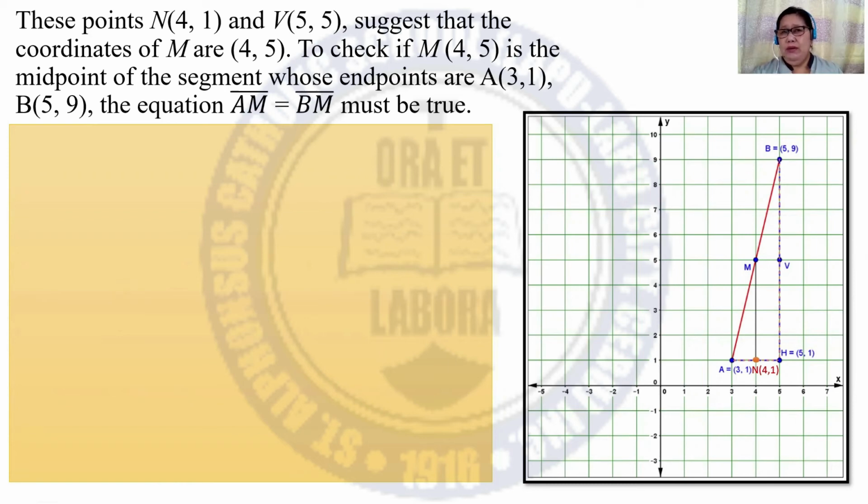To check if M with coordinates (4, 5) is the midpoint of the segment whose endpoints are A (3, 1) and B (5, 9), the equation segment AM is equal to segment BM must be true.